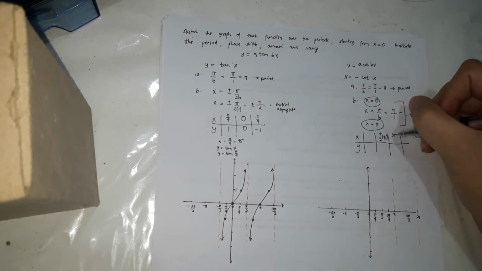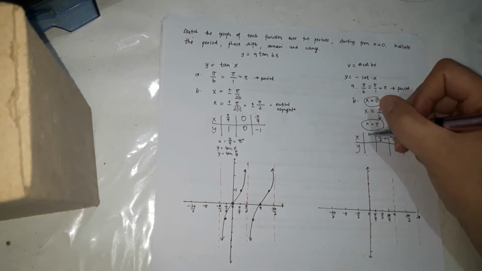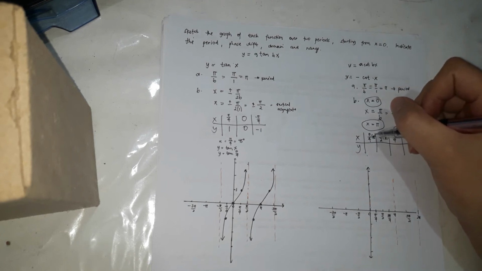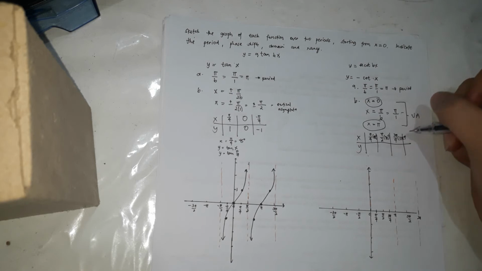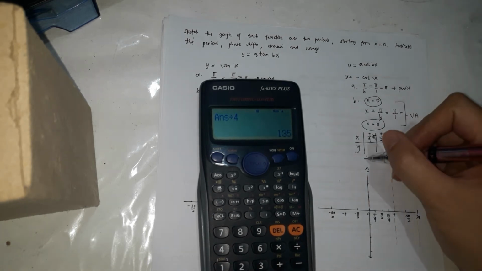Pi over 4 is 45 degrees. And 3 pi over 4 is 3 times 180 divided by 4, which is 135 degrees.